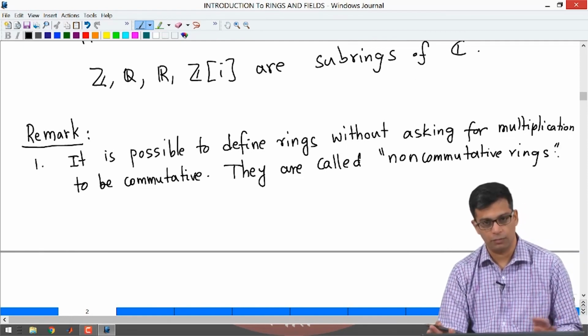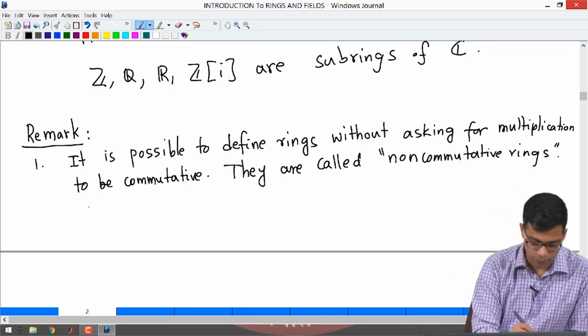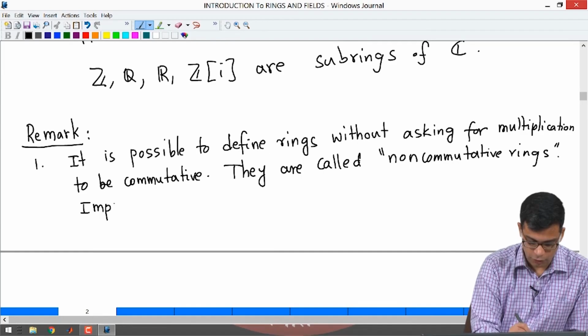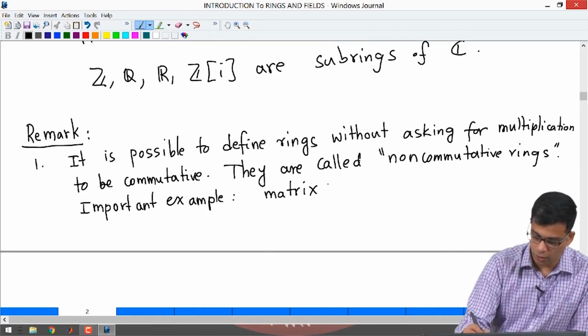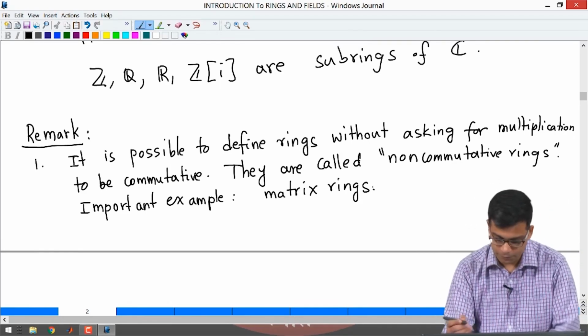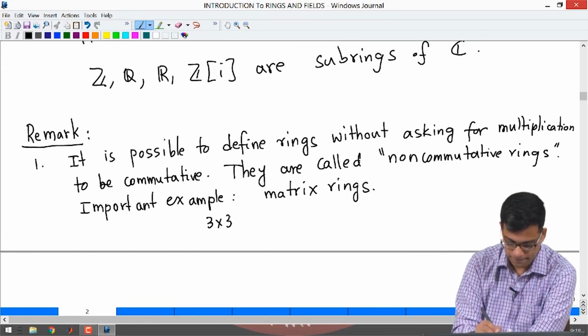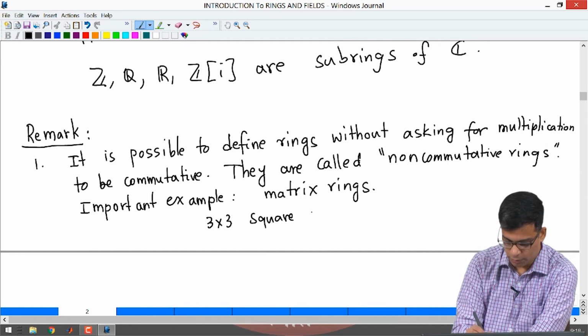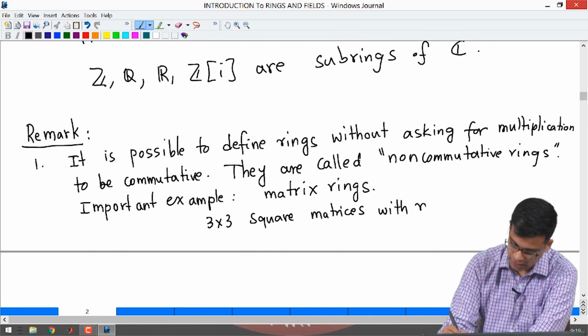So, that is a definitely important example that people study, and the most important example here is for non-commutative rings. So, matrix rings. I will not spend a lot of time on this, so I will not discuss this in detail, but for example, you look at 3 by 3 square matrices with real entries.